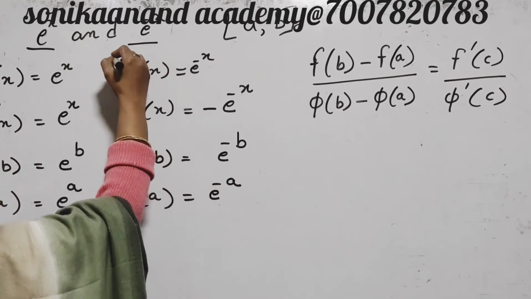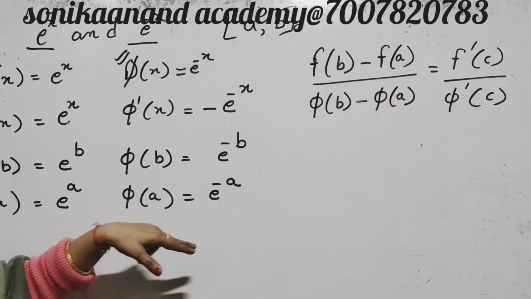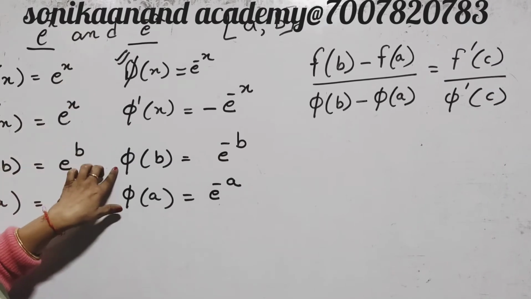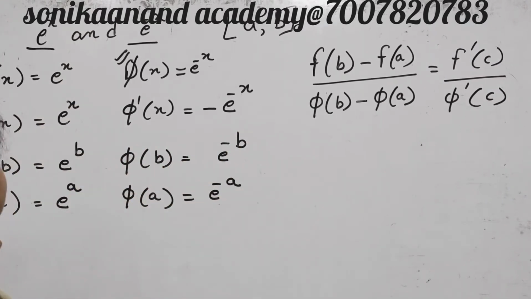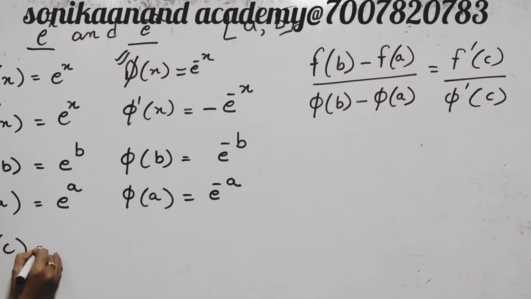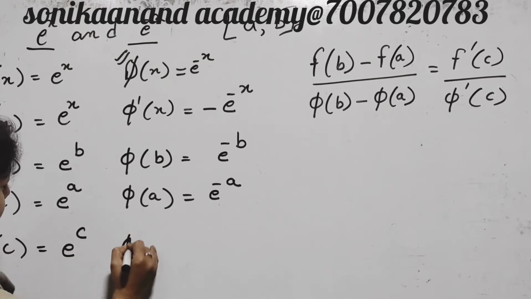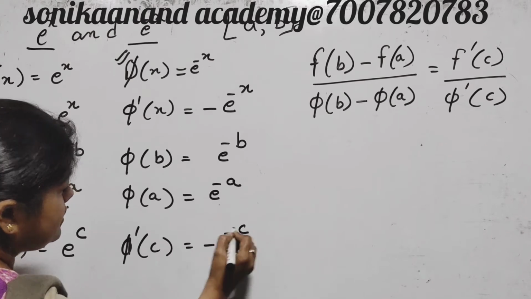We have to use this function, not the dash function, not the differentiation function, this one. Now I am going to substitute all the values over here, and f dash c is equal to e to the power c, and psi dash c is minus e to the power minus c.